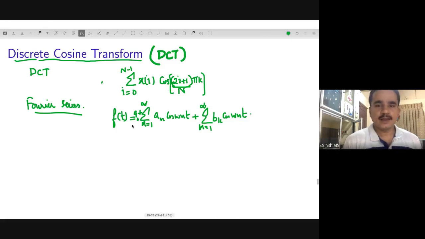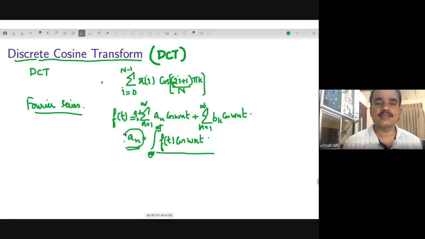Okay, and what is an? How do you find an? An is the integral, say minus to infinity, or you can find it in one period, 0 to T, of f of t cos omega n t. So the an are the coefficients of the Fourier series expansion, and you find these coefficients as correlation of f of t with cos omega n t, where n varies.